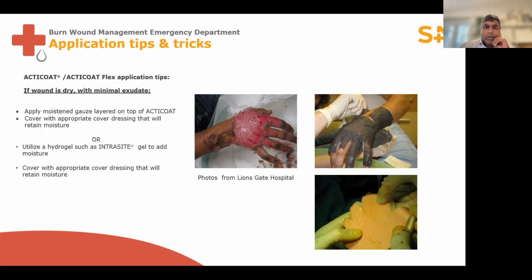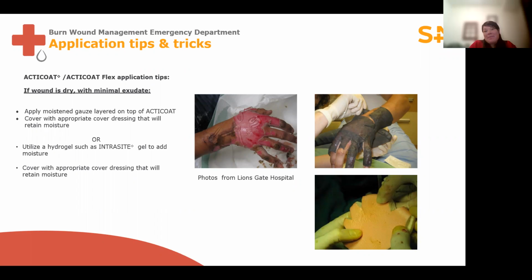Some of the other things that you can do is soak the dressing itself before you remove it for 5 minutes or so. There's no need to soak it for longer than 5 minutes. We've demonstrated that in an animal model. And it will help keep the contact to break that initial hydrophobic inability to wet the nanocrystalline dressing.